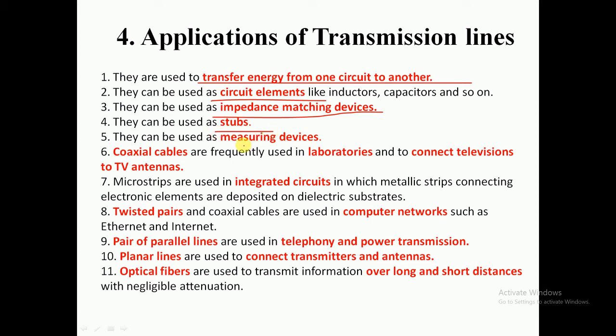They can be used as a measuring device in laboratories, and for connecting a television to TV antennas. Apart from that, transmission lines are very useful in integrated circuits and computer networks, and can be used in telephony and power transmission.